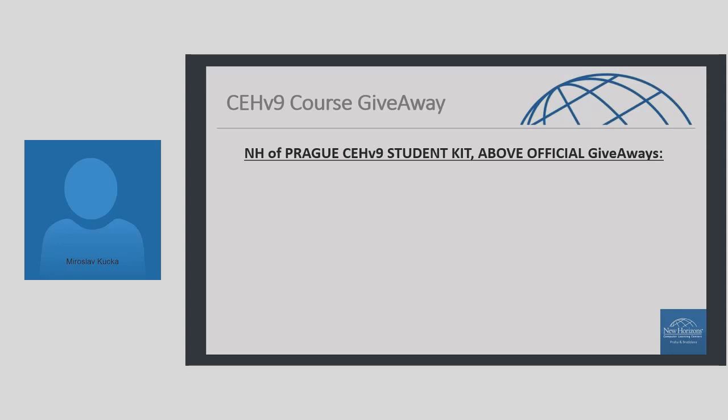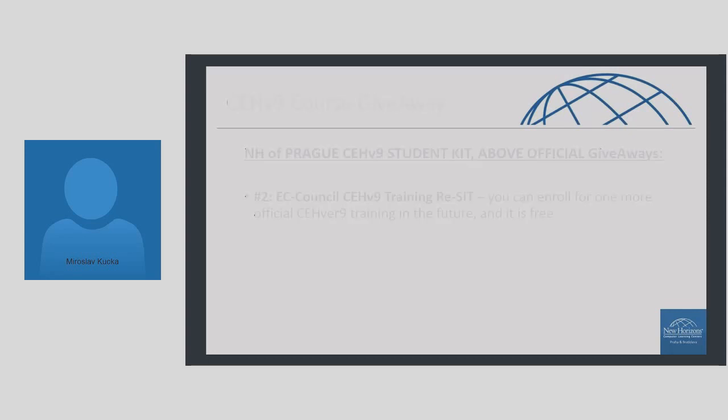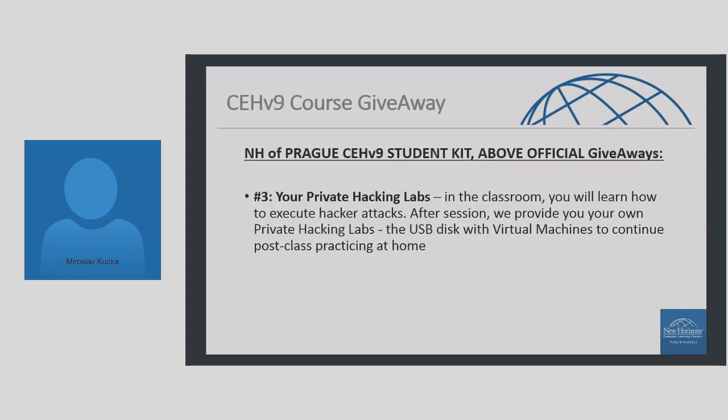Second, beyond the standard student kit, we are providing a training receipt. That means you can enroll for one more official ethical hacking training in the future, and it is free for you. And third, we are providing what we call private hacking labs. What does it mean?